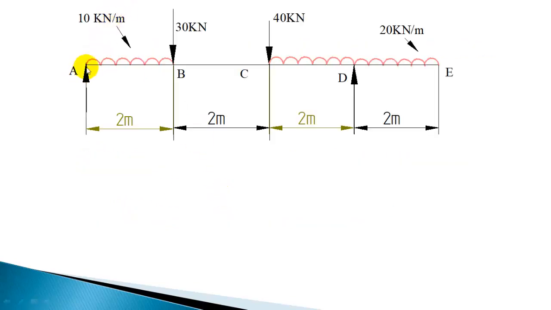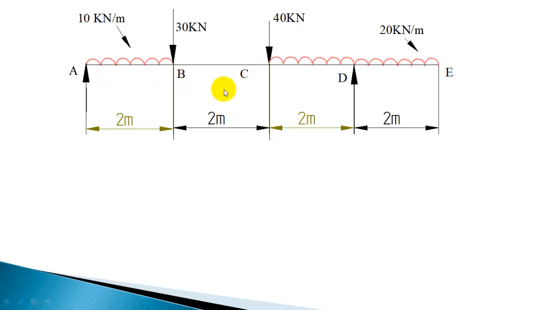So by taking the moment summation with respect to A, this UDL is for 2 meter, it's 20 kN acting at a distance of 1 meter. So 20 into 1 producing clockwise moment, and 30 will produce a clockwise moment, 30 into 2, plus 40 will produce a clockwise moment, 40 into 4, and this UDL part is 20 for 4 meter length. So 20 into 4, that is a load.